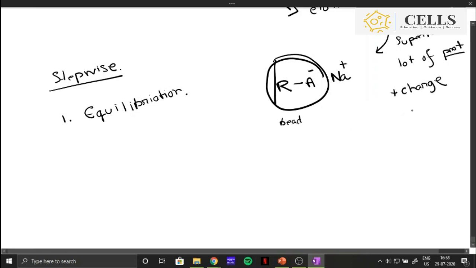The concentration of this protein is so high that it removes the Na plus and the protein gets bound to it. A minus binds to protein plus.